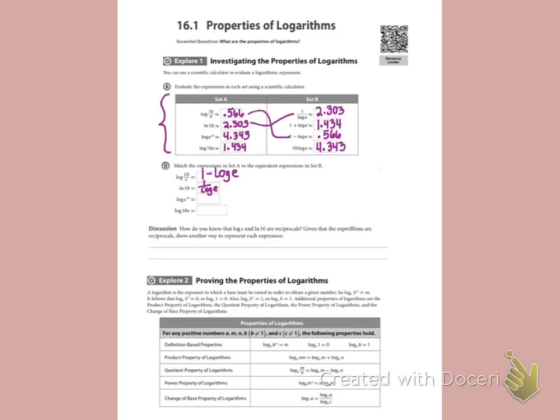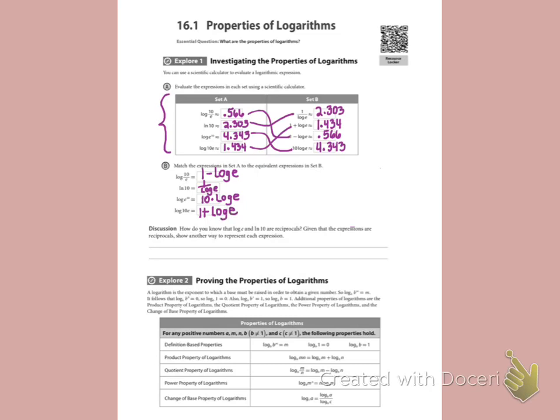So clearly there's some kind of angle with this activity that we're trying to get at. Then the next one, the log of e to the 10th power, matched up with 10 times the log of e. And finally the log of 10e, it was 1.434, and it matched up with 1 plus the log of e.